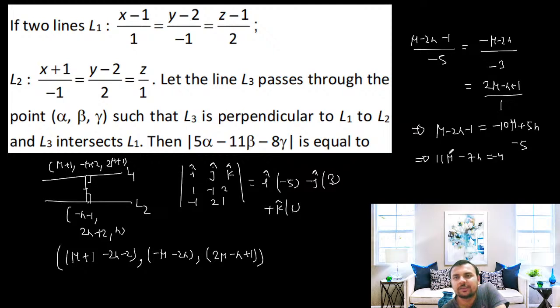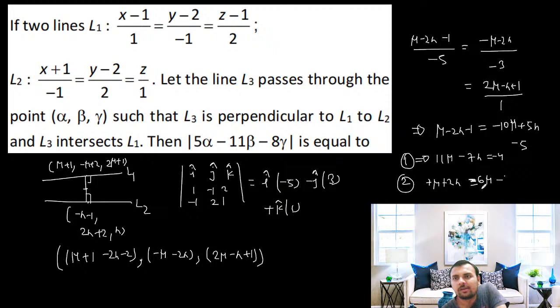This is the first equation. Second equation, we are going to get it as minus mu minus 2 lambda equal to 6 mu, okay, or we'll do plus, and here it will become plus.